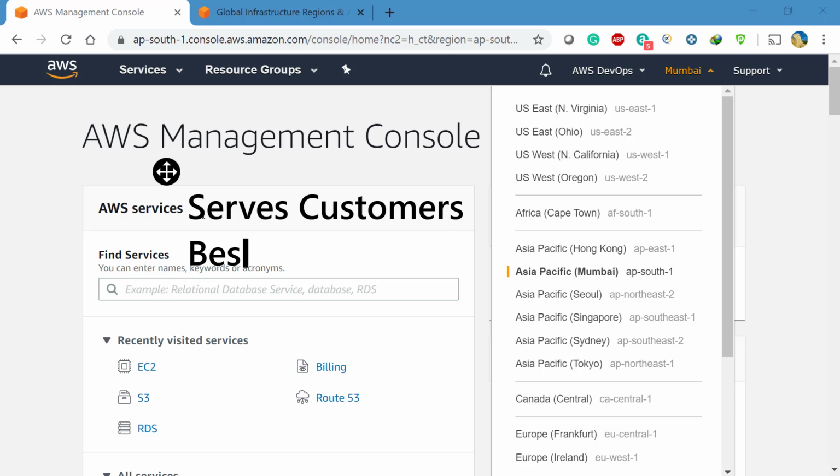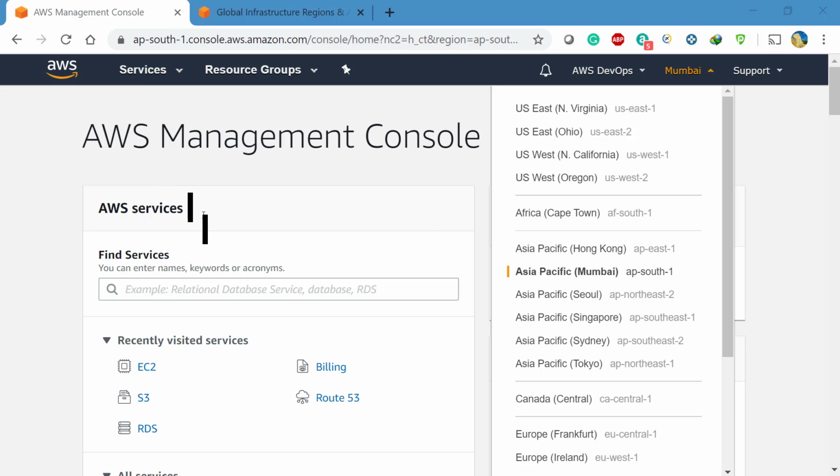Suppose I'm in India, but my target population is in the US, or let us say Japan. Which server would I be choosing? I have the option of choosing Mumbai, but I also have the option of choosing Tokyo.